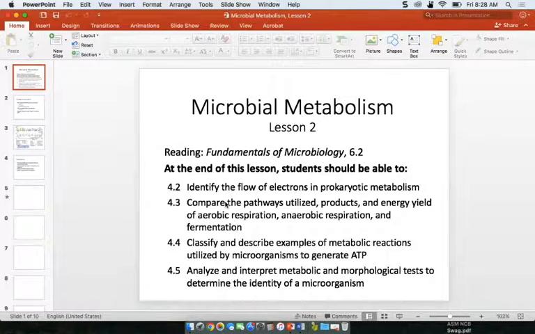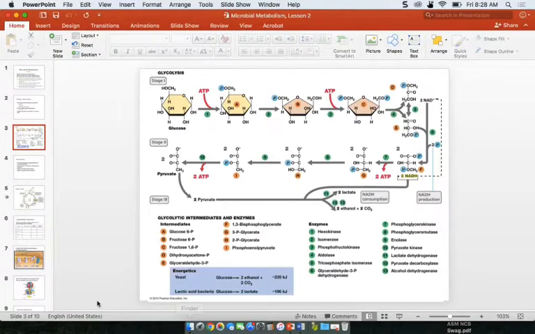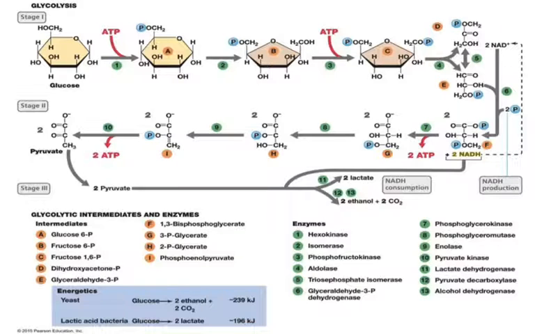I'm going to go back to an image of glycolysis because this really is the heart of fermentation. Since glycolysis is the only one, how many ATP get produced? 2. Great. 2 per glucose.